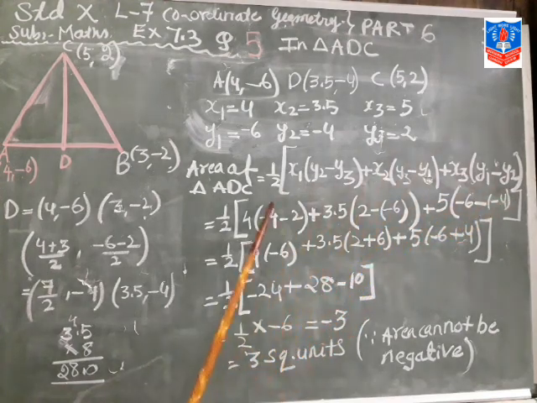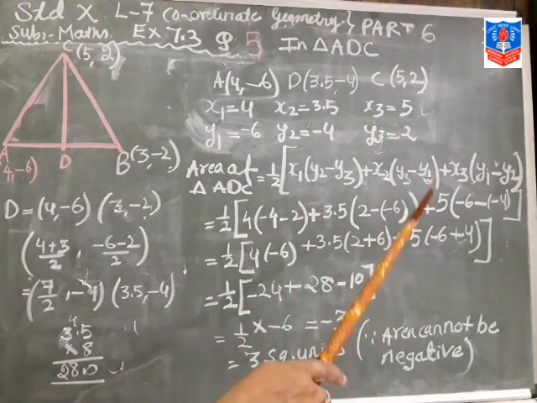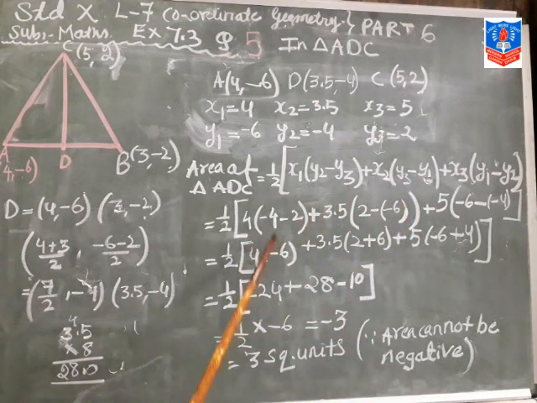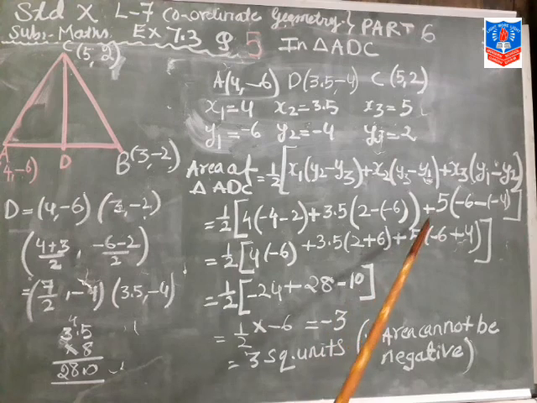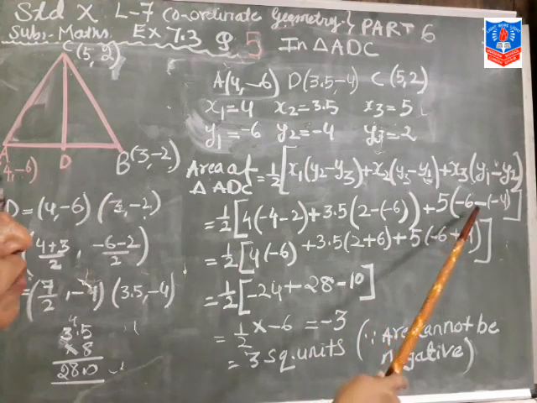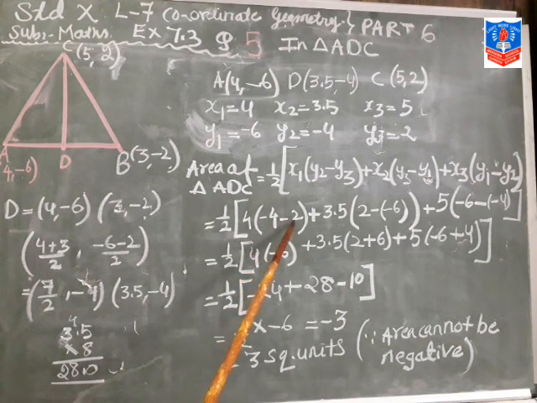Here this statement is not compulsory. Clear? You can write this statement directly. This is only for explanation. So here 4 into minus 4 minus 2 minus 6, 3.5 into 2 plus 6, plus 5 into minus 6 plus 4. So here 4, clear? 4 and here 4 into minus 6. So 4 6s are 24.